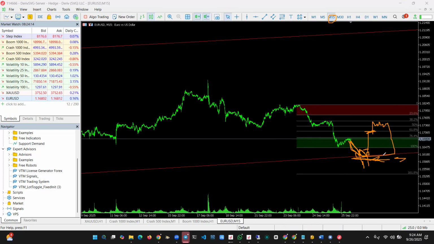But the only time you shouldn't consider taking a buy again is when price has broken this level, tried to bounce back, could not break above, and came down again. If you come back here and retest this place again, go ahead and place a sell, because now the market direction has changed from buy trend to sell trend.